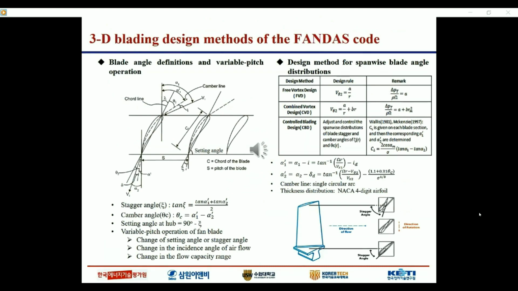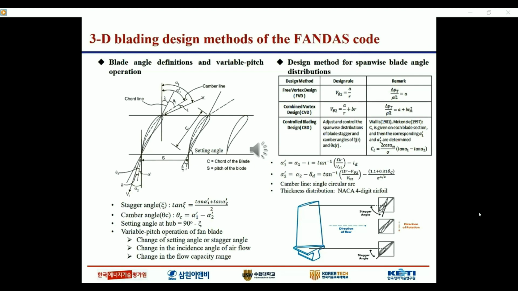As you can see in this table, FVD and CVD calculate the outlet angle distribution by this simple rule of the function of the radius. But CBD can give more flexible outlet angle distribution for more improved performance than the FVD and the CVD.